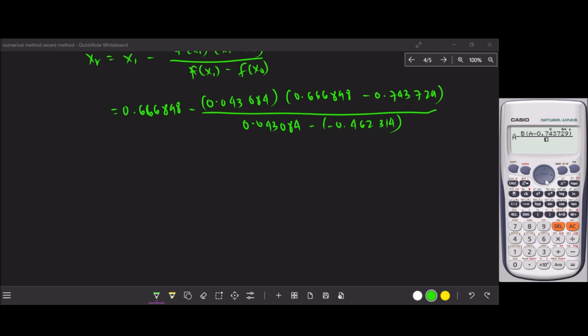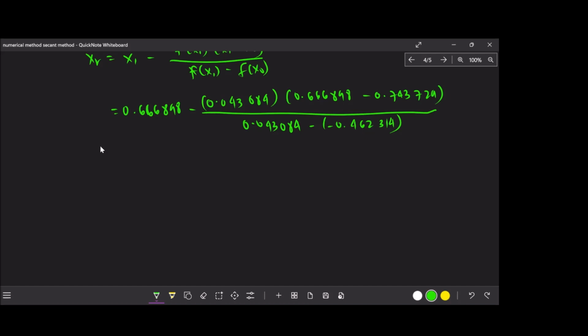It should be equal to recall B minus recall B. Okay, so let's store this one at C. So we have 0.673448. So our new xr is 0.673448.